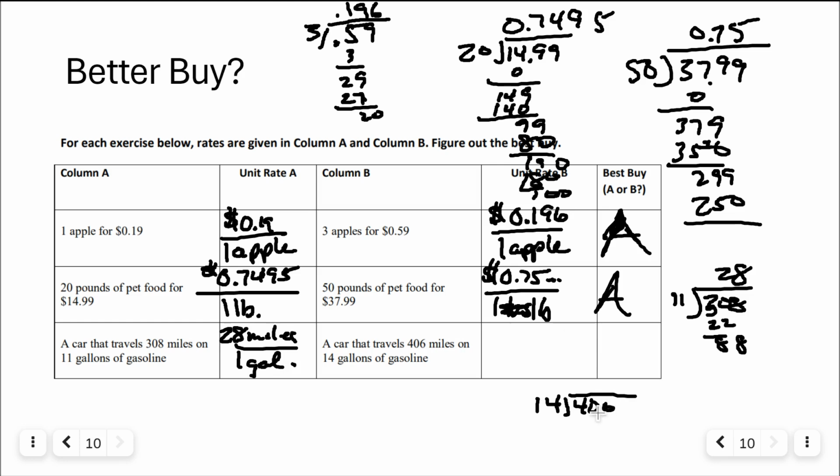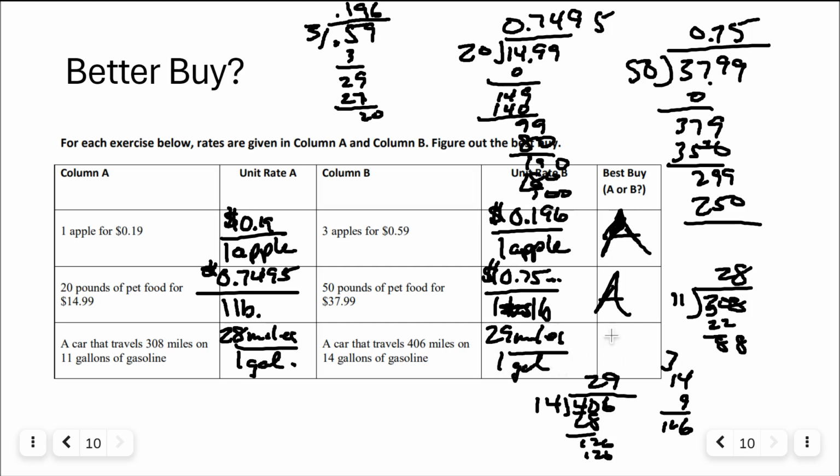So 14 into 406 twice. And then 14 into 126. 9. Yeah. Goes in 9 times. 14 times 9 is 126. 9 times 4 is 36. 3 to carry. 126. So this is 29 miles for every gallon.